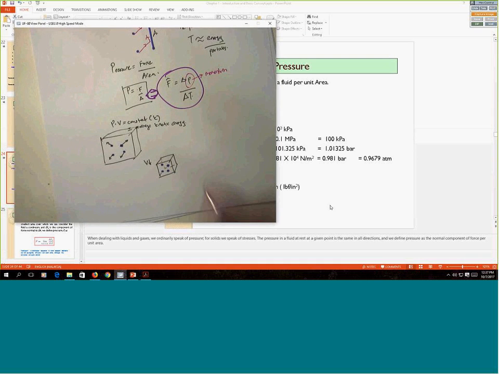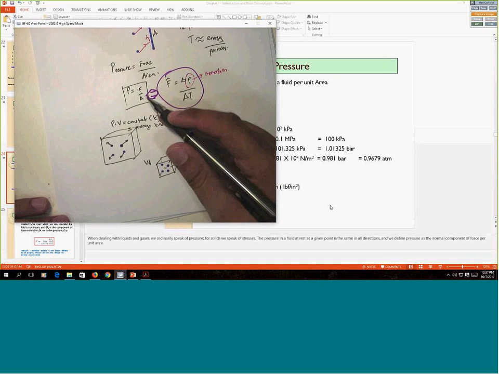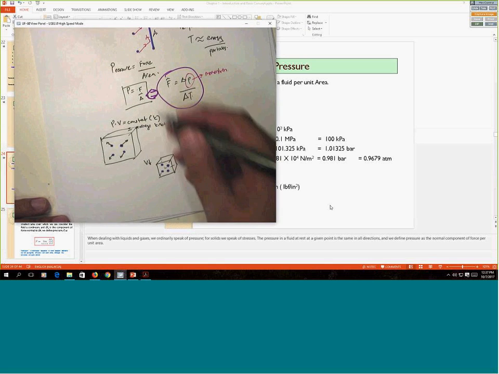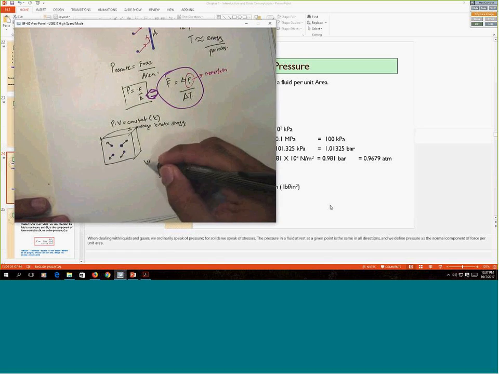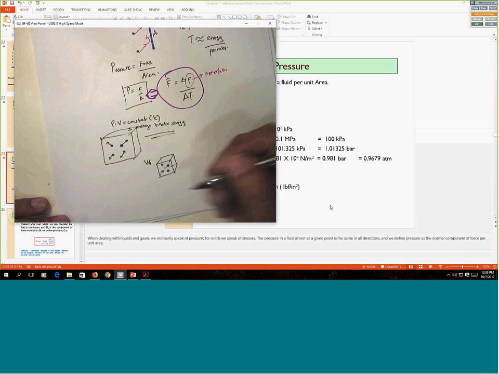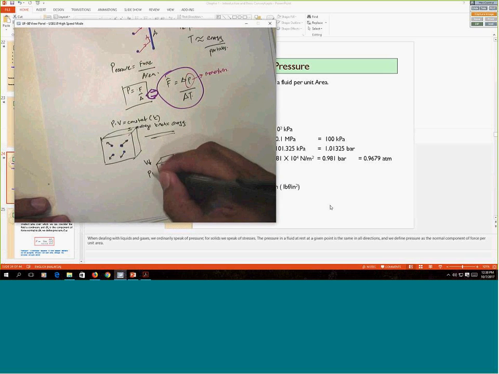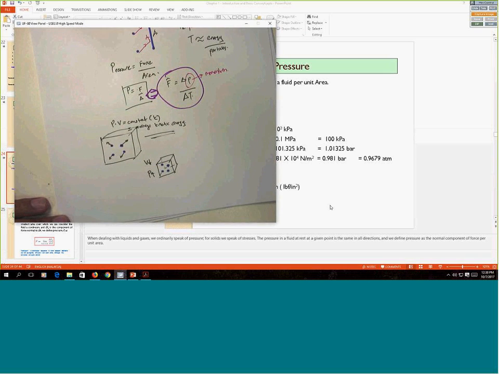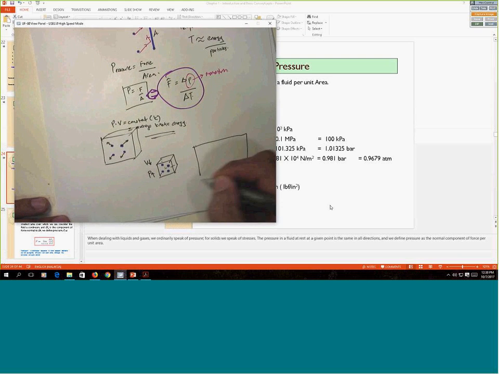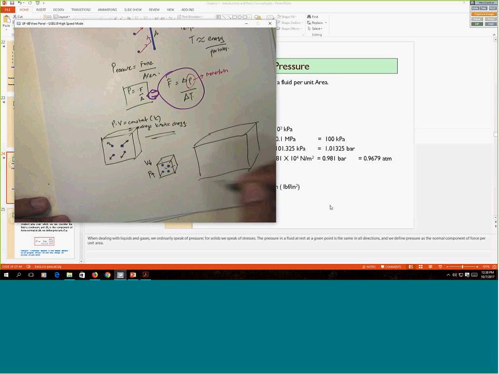When the particles' momentum is higher, the force will be higher. Definitely the pressure will be high because the area and the volume are related to that. So when volume goes down with the same average kinetic energy, you have an increment in pressure.